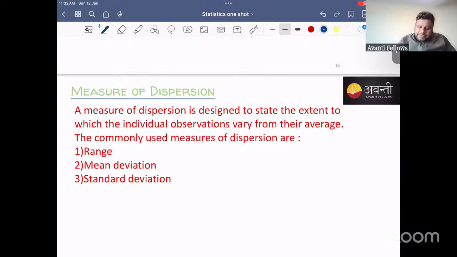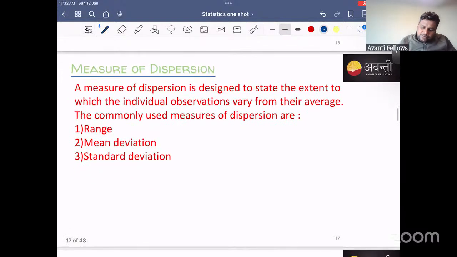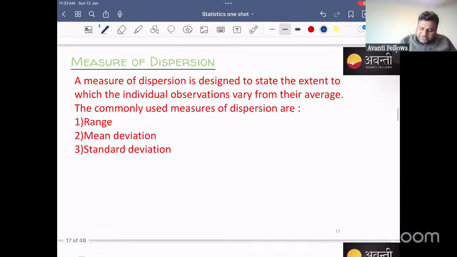Like I give you an example. The runs scored by a batsman in first 5 matches of his career are 8, 9, 10, 11 and 12. Now there is another batsman whose scores are 6, 8, 10, 12 and 14.